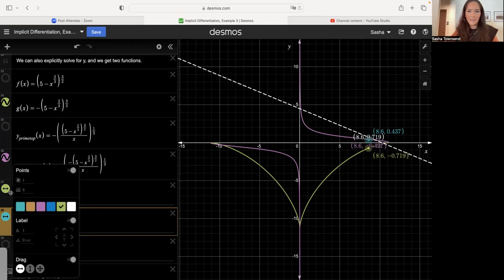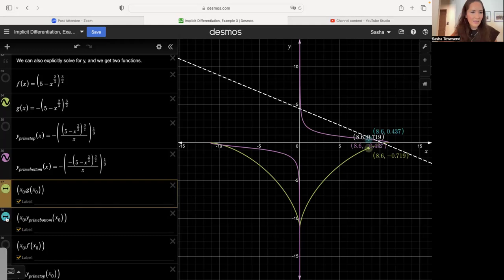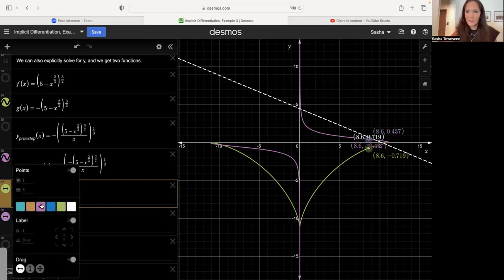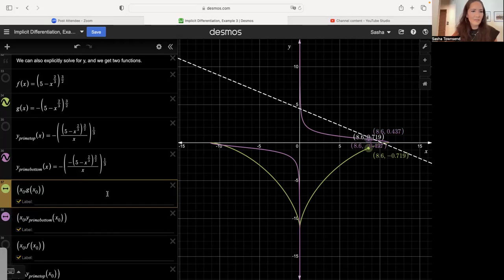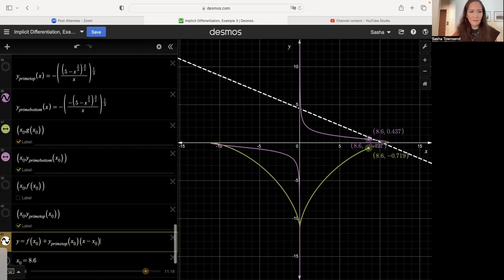I like the points to match the corresponding function. So I will use the screen here and then there. We don't need that one labeled now. We don't need that one.